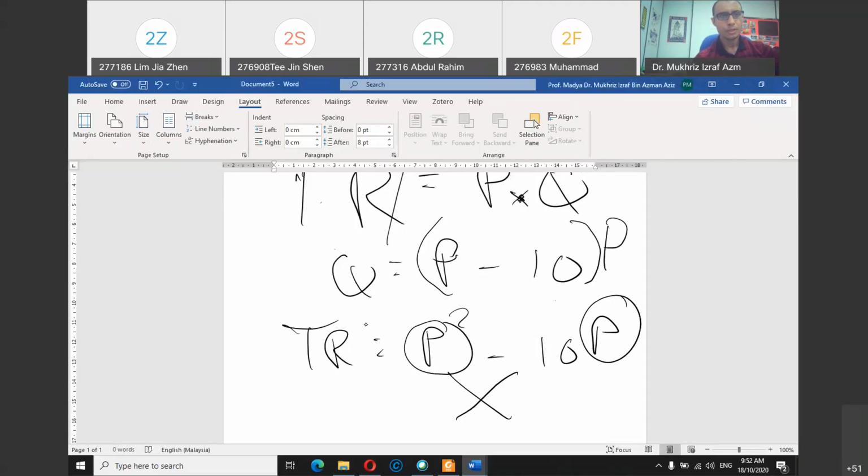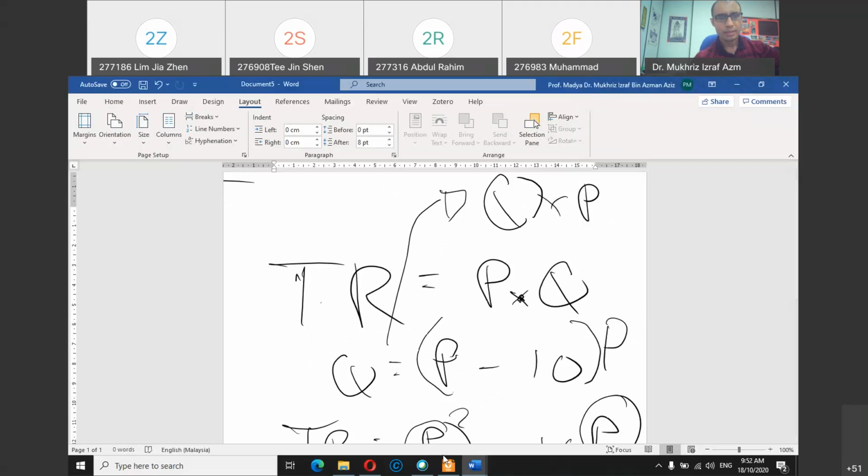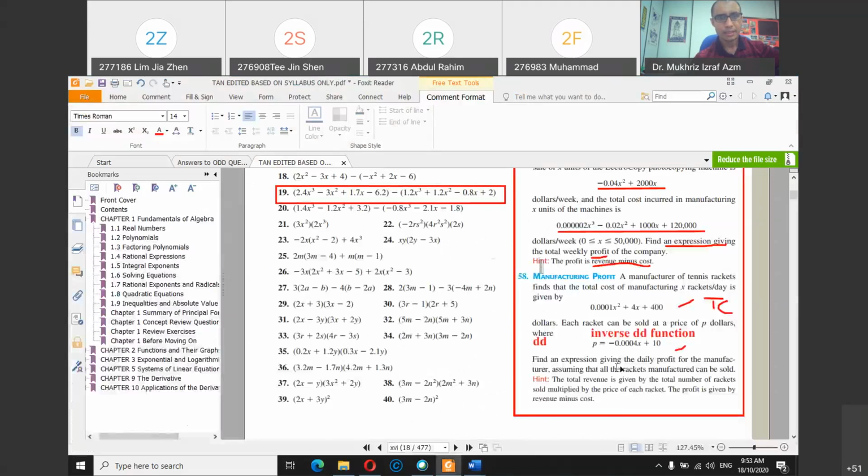So to calculate TR, it should be P multiplied by Q, or in other words, you need to have the demand function in inverse demand function format, meaning P is equal to some expression in Q. That's why the question directly gives you the inverse demand function, so that you can get TR in terms of Q, or here in terms of X, because X is the quantity.